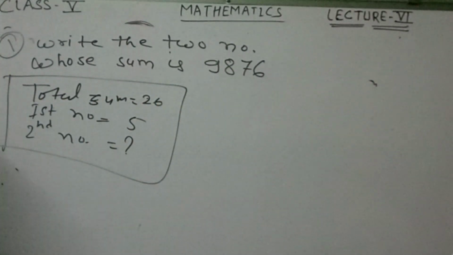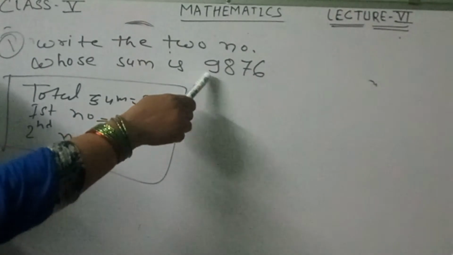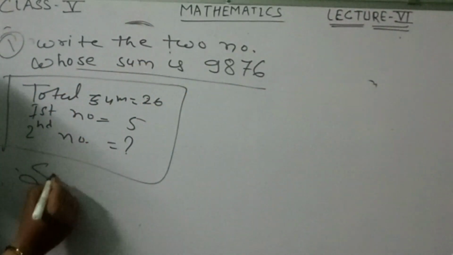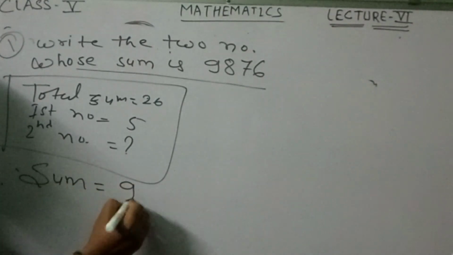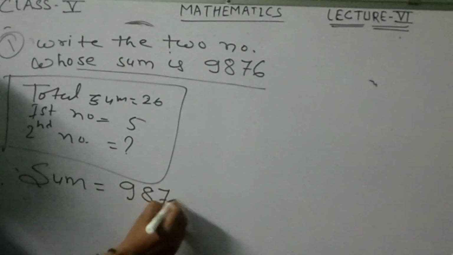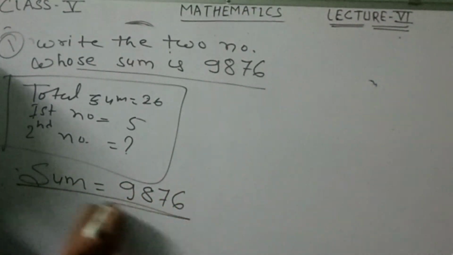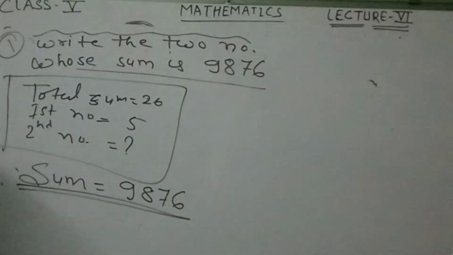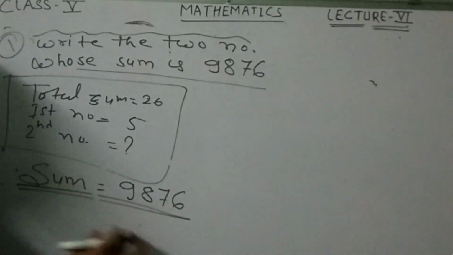Okay. Now in the second, what is given? Write the two numbers whose sum is 9876. Means only the total sum is given. Sum is given, 9876, but you have to write both the two numbers. It depends upon you. Whichever numbers you add, the sum should be equal to 9876.